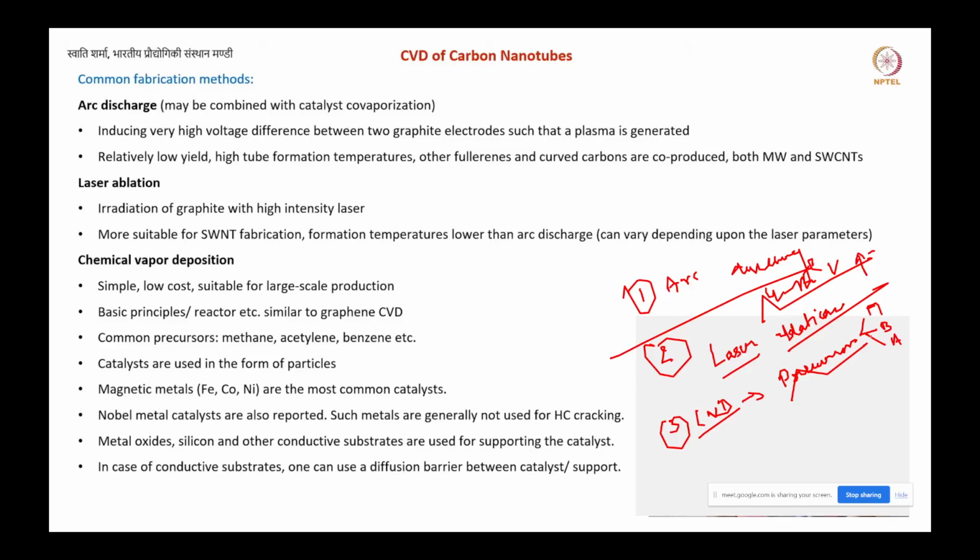Earlier we used transition metals as a catalyst in case of graphene. Here some magnetic metals are most commonly used, such as iron, cobalt, nickel, etc. These are the most commonly used catalysts in CVD of carbon nanotubes.